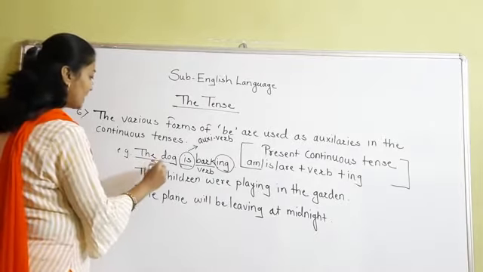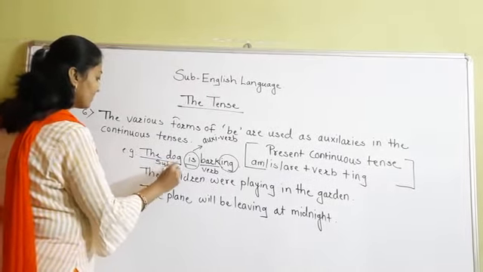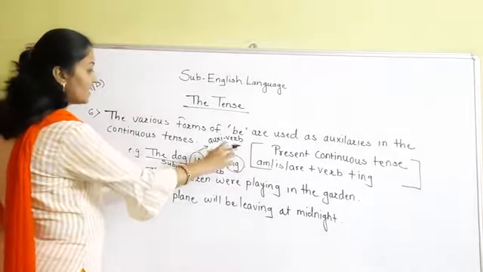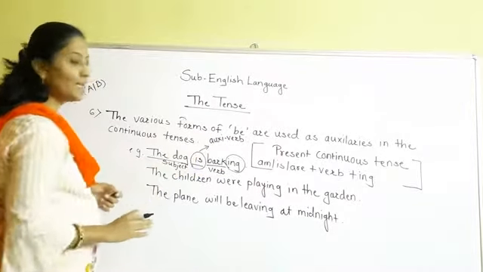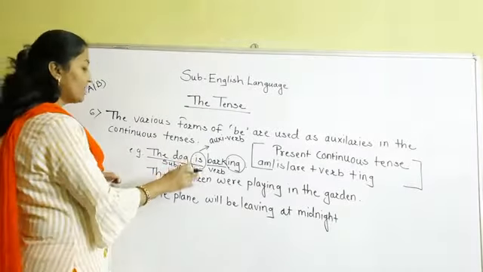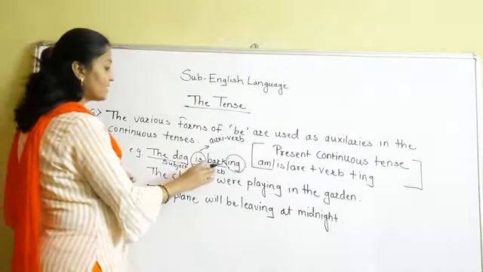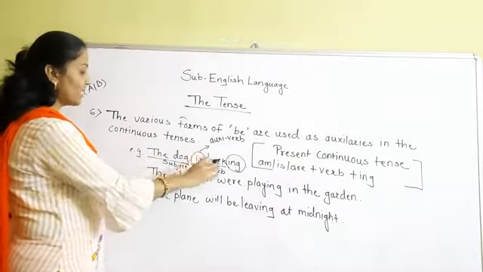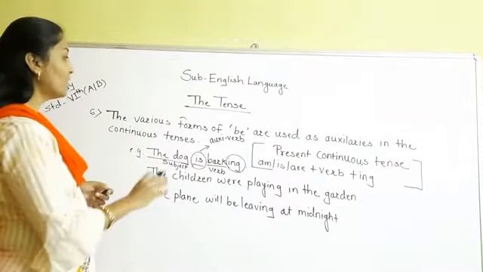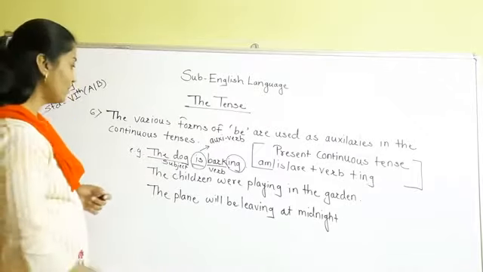The dog is the subject here. Is is the auxiliary verb, or we can call it a helping verb also, and bark is the verb here, and we have added ing to that verb. So our sentence is the dog is barking, and this sentence is of present continuous tense.